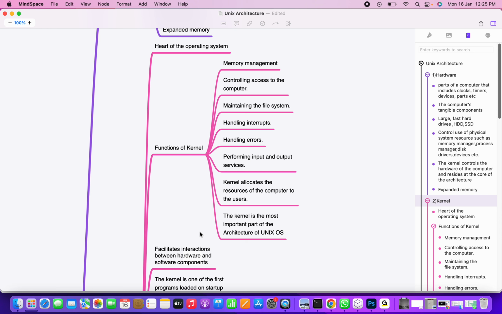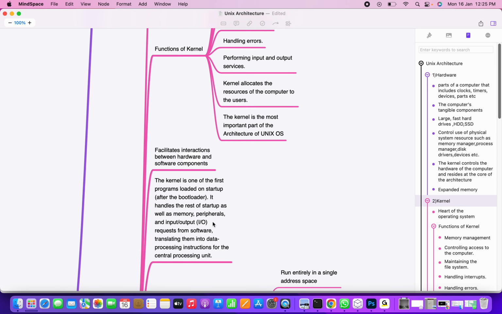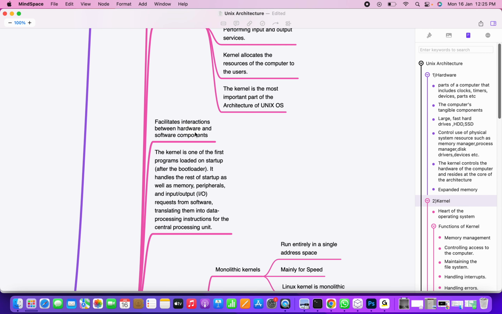So the kernel is the most important part of the architecture, as we have seen in the earlier slide. It provides the facility to interact between the hardware and software components. So it is a kind of interface between hardware and software.